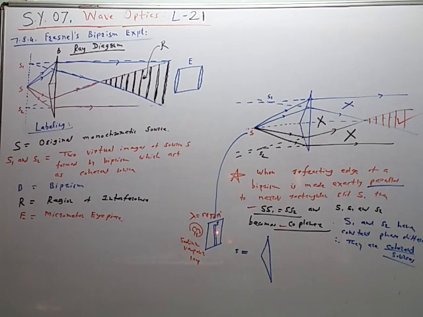So light waves coming from the slit are monochromatic waves having only one wavelength, 5893 angstrom. These waves are made incident on the biprism in the upper and lower half. So upper half part forms the virtual image S1, lower half part of the biprism forms another virtual image S2. So S1 and S2 are the two virtual images of the slit S formed by the biprism which act as the coherent sources. Also, they are monochromatic sources.